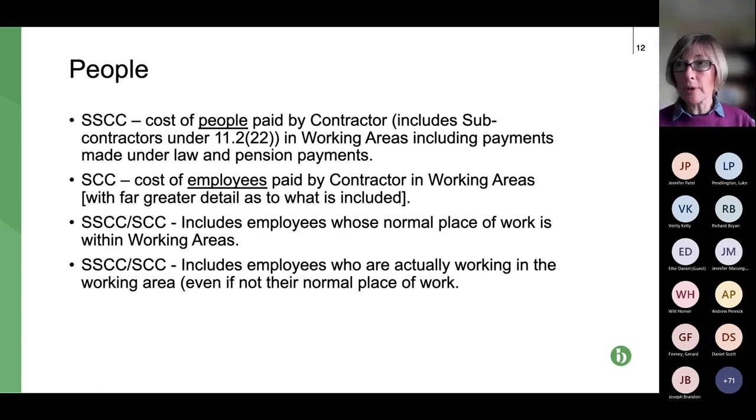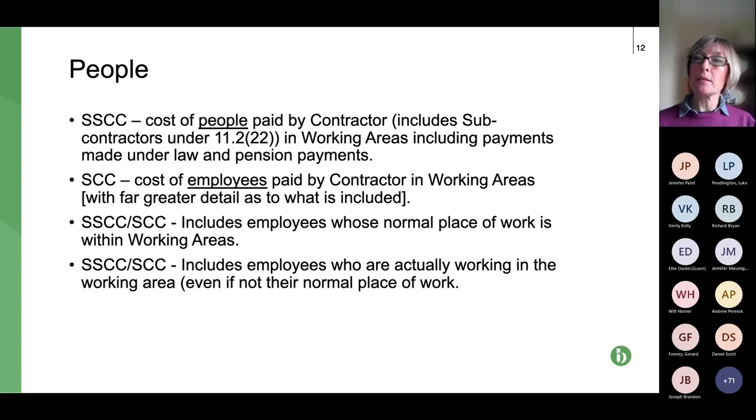But it's not the cost of all employees. It's the cost of employees who are working in the working areas. So you need to think about what your working area is on a particular project. We've also already talked about it being the site.